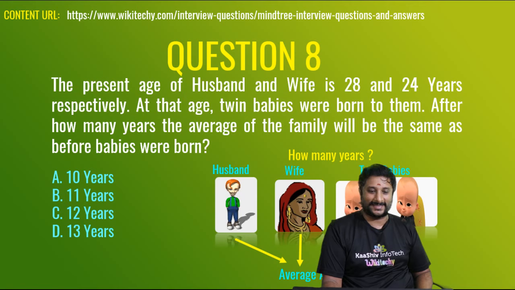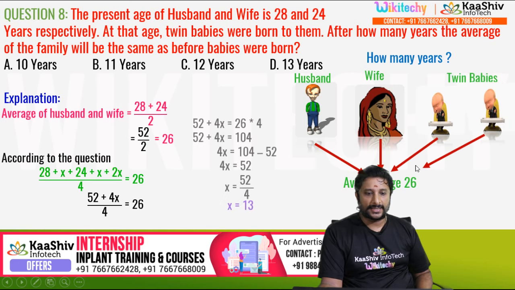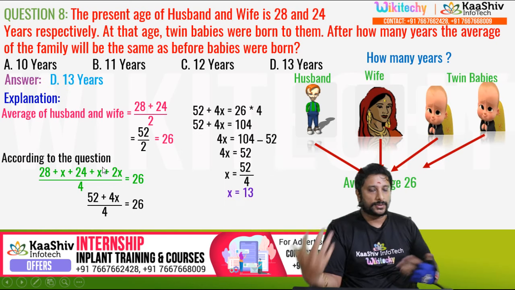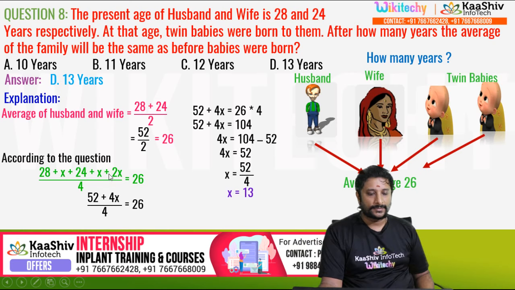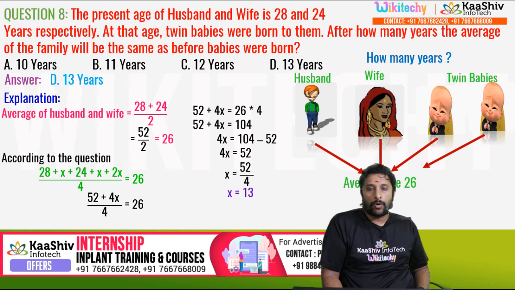The average of these two people, 28 plus 24 divided by 2, you get the average age as 26. So 28 plus x is the age, plus 24 plus x, x being the number of years, plus 2x for the children, because the twins are born at age 0.